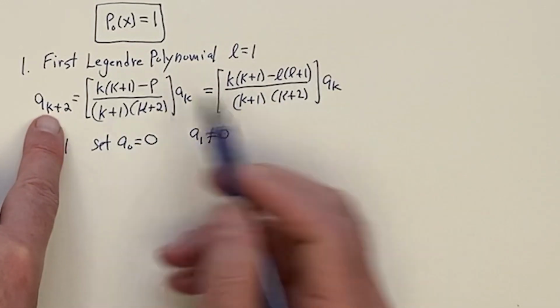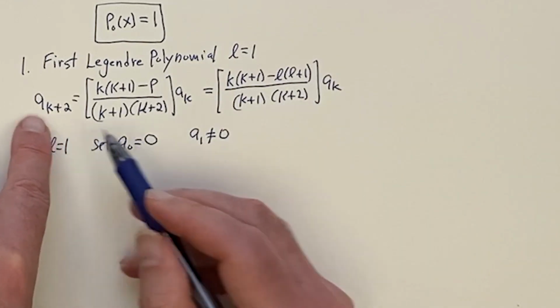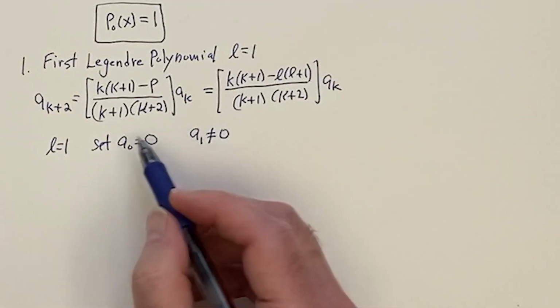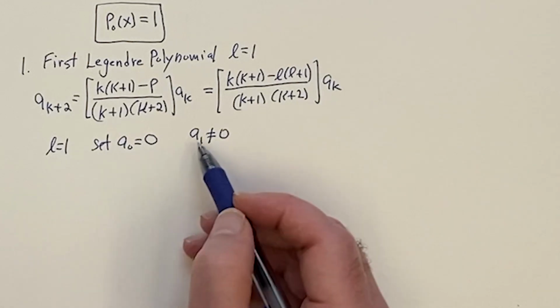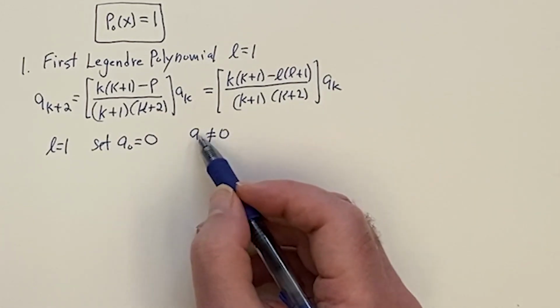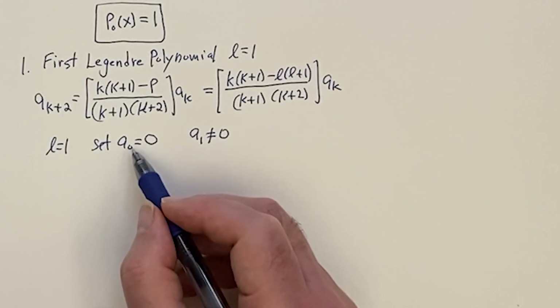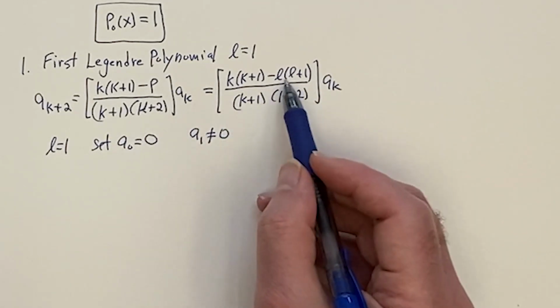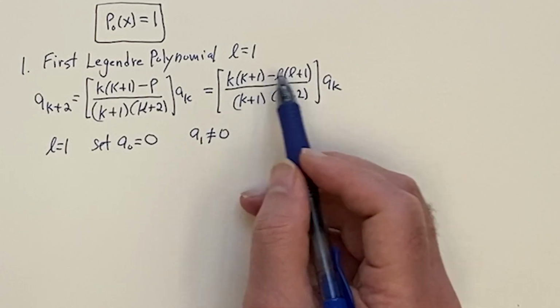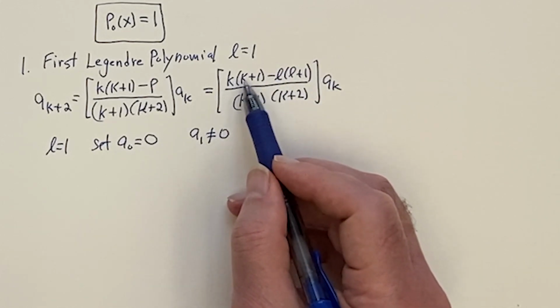This will be the whole even series. And if this is odd, it's the odd series. So for the L equal 1 case, A1 will not be equal to 0, but then here you want this to be 0, because this is going to kill off when K is equal to 1.